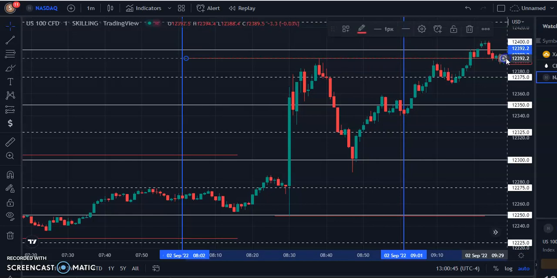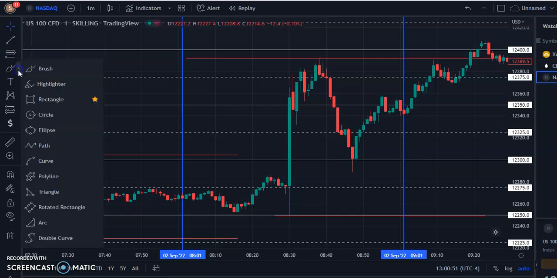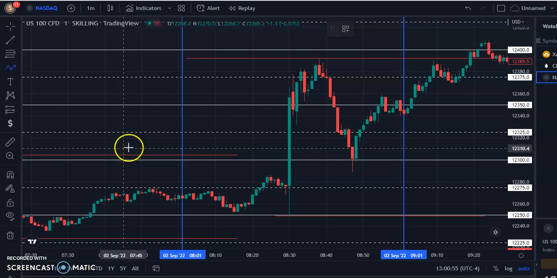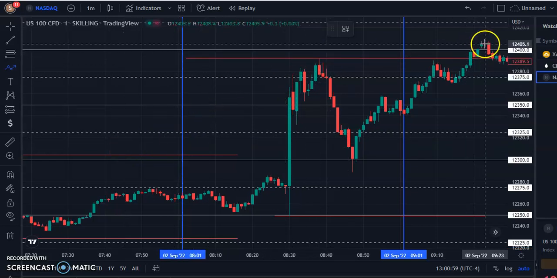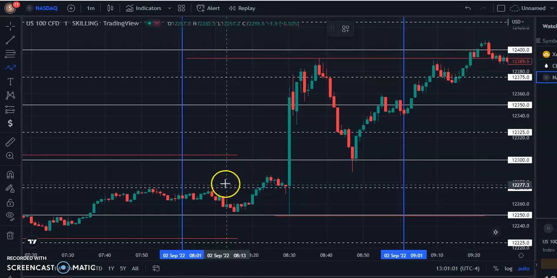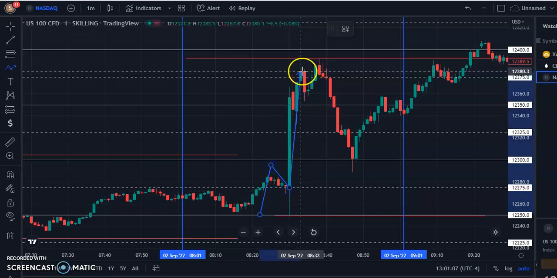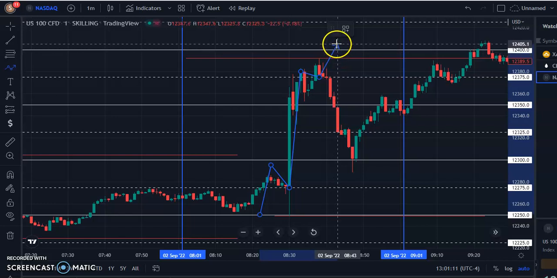Once we are at the high of the day, I am looking for my setup. My setup is very simple. Assuming this is the high of the day, before it even forms, this is what I'm looking for. Pump, pump, pump to the high of the day.